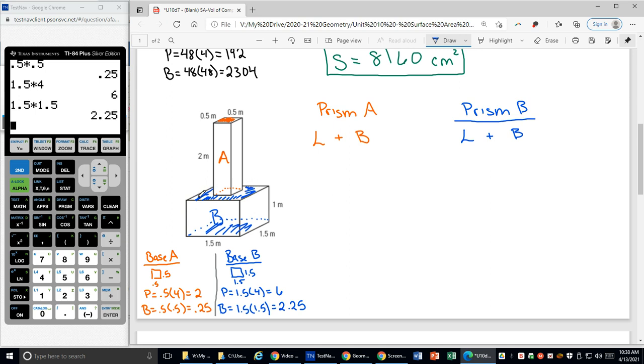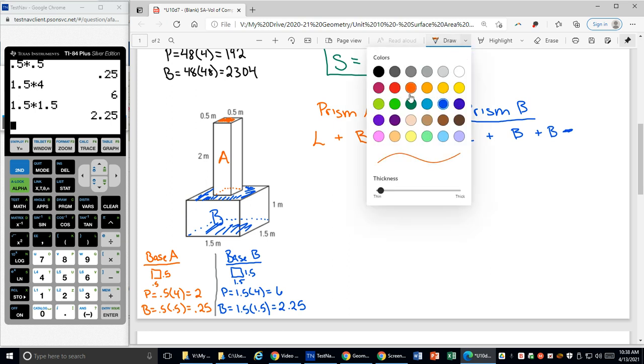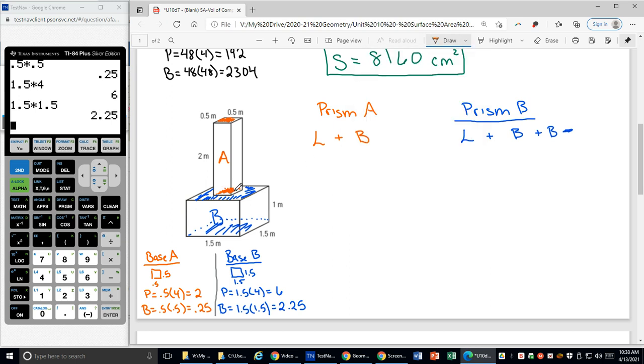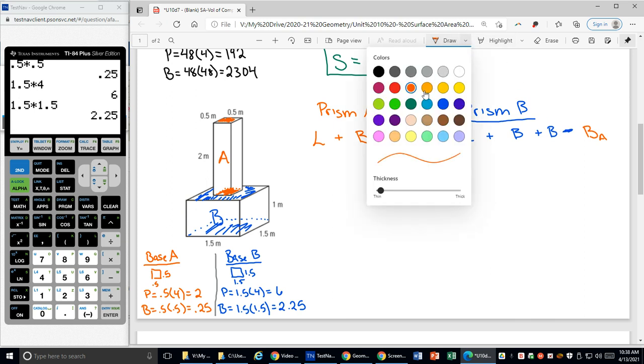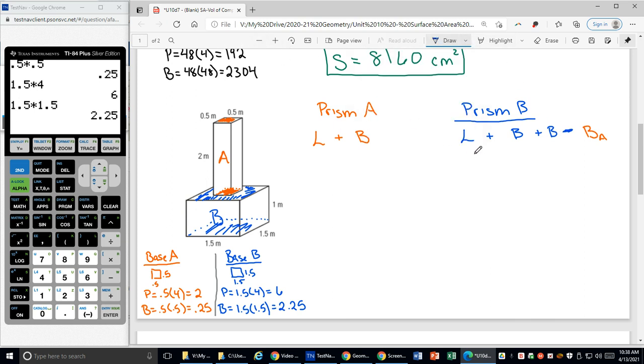I want another base, so I want the second base, but I need to take away the part that's inside, which is the base from prism A. So I need to take a prism A base away. So what I'm really looking at here is the lateral area, plus 2 bases from prism B, but then I need to take away a prism A base.